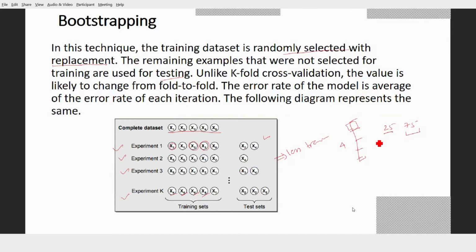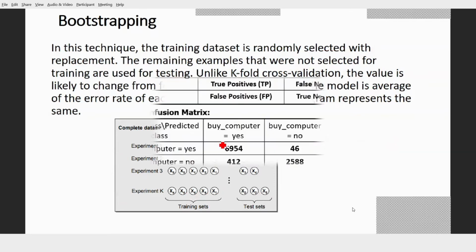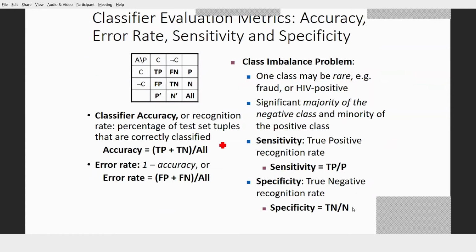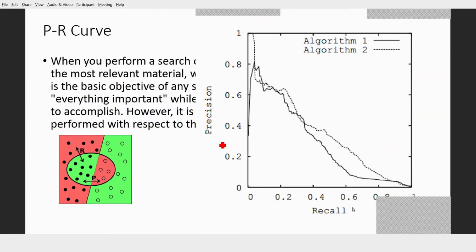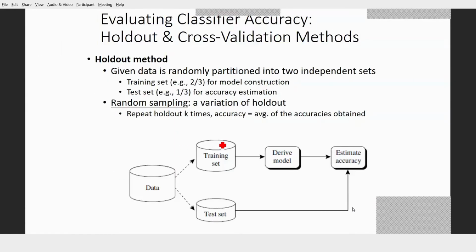Therefore it may be a good idea to select n number of elements from your data set randomly with replacement, so that it helps in addressing the challenge of a small data set. Okay, this we have done, and now the next topic.